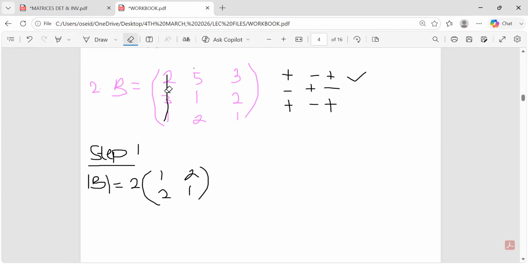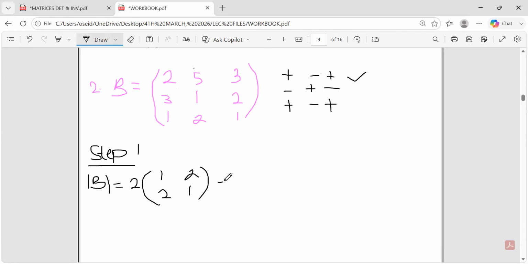So we move on to the next one. And the next element on row 1 is what? 5. Then according to the cofactor sign, what sign are we using? We are using negative. So minus 5. What elements are we picking? We've taken 5.